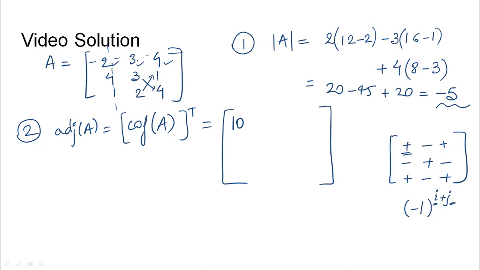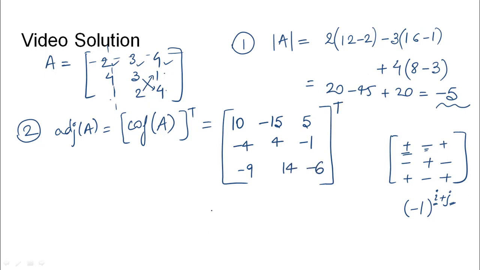Similarly, for the second element 3, we remove the first row and the second column and find the determinant of the remaining elements, that would be 4 into 4 minus 1 into 1, which gives the value 15. But here the sign is negative, so we put minus 15. Similarly, we can do the other elements and we get the values minus 4, 4, minus 1, minus 9, 14 and minus 6.